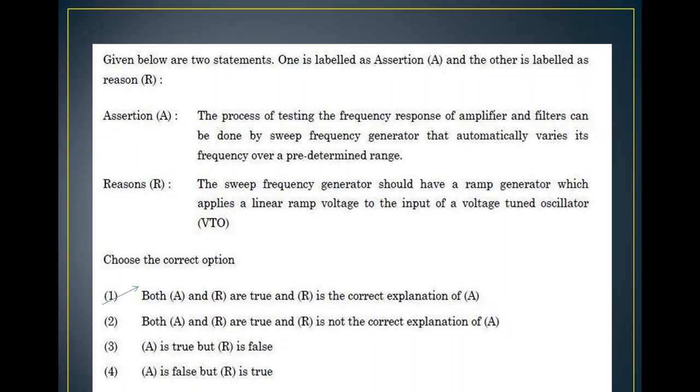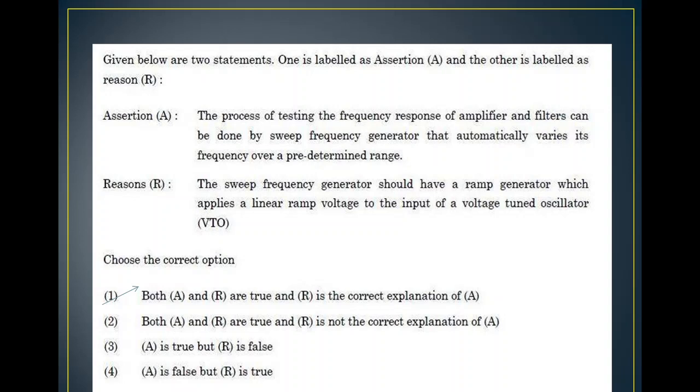Next, assertion A: the process of testing the frequency response of amplifiers and filters can be done by a sweep frequency generator that automatically varies its frequency over a predetermined range. Reason R: a sweep frequency generator should have a ramp generator which applies a linear ramp voltage to the input of a voltage tuned oscillator, VTO. Choose the correct option.